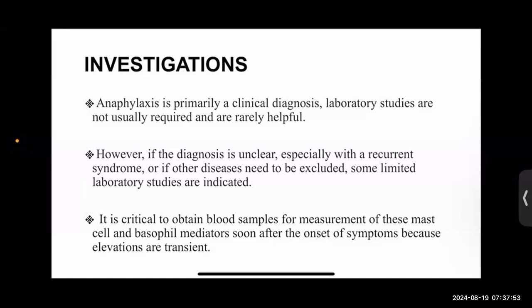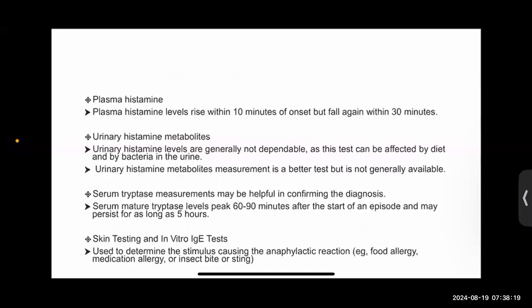Investigations: anaphylaxis is primarily a clinical diagnosis. Lab studies are not usually required and are rarely helpful. However, you can do investigations if the diagnosis is unclear or you want to rule out anything else that looks like it. It's critical to obtain blood samples at the time this is happening, because most of the things you check for elevate and disappear within 24 hours.